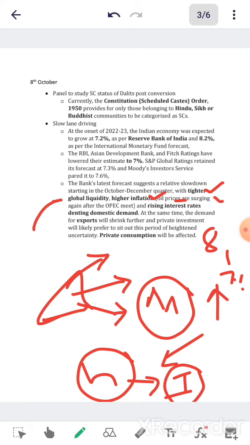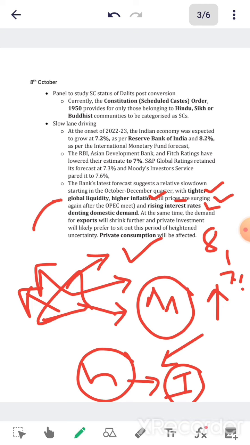Say oil prices are rising; as a person you will not buy goods, because the prices of vegetables and all other goods will rise, so you will not try to spend money. Because of that, private consumption will be affected, and the banks will not give loans to other people. Because of this, the banks' interest rates have to be increased.